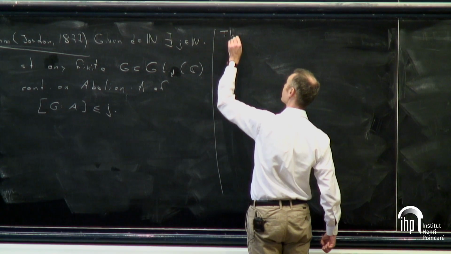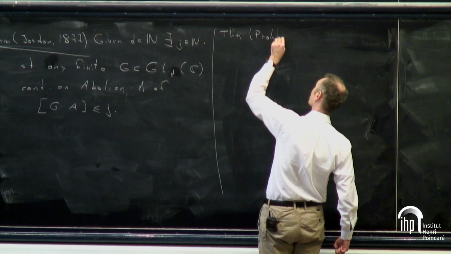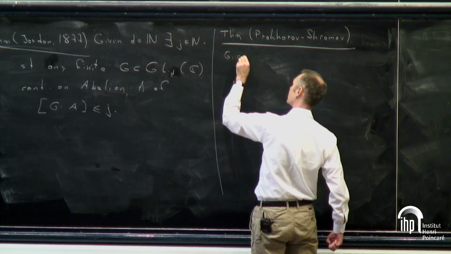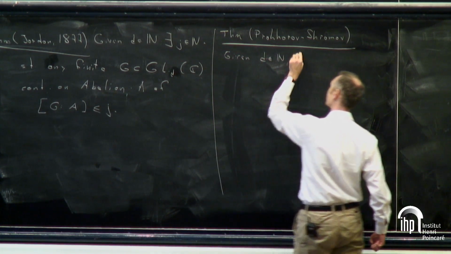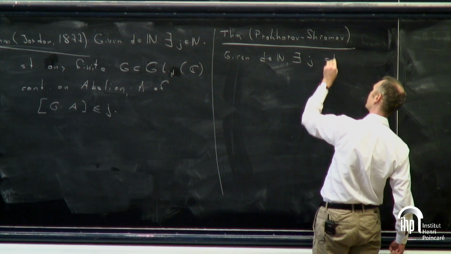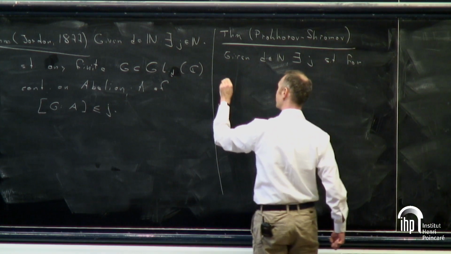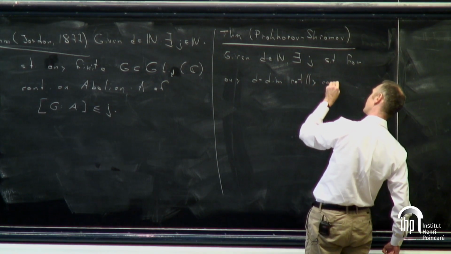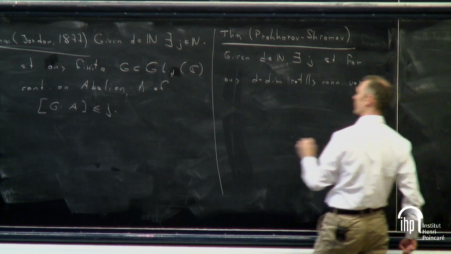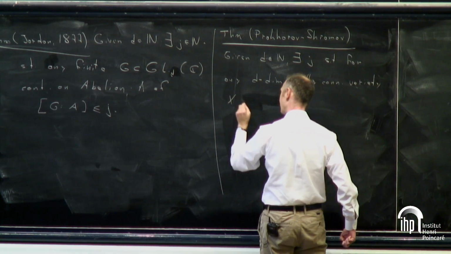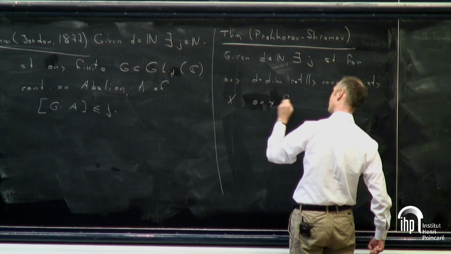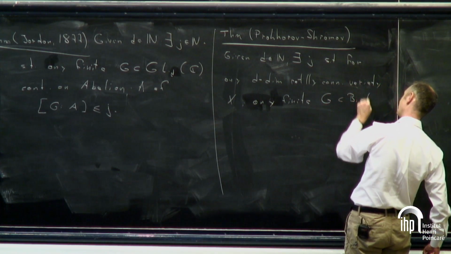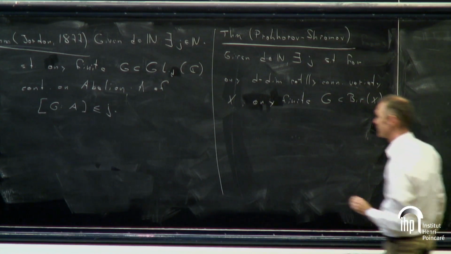So the theorem is, Prokhorov-Shramov: given d, there exists J such that for any d-dimensional rationally connected variety X, any finite group G inside the group of birational transformations contains an abelian subgroup such that, and so on.